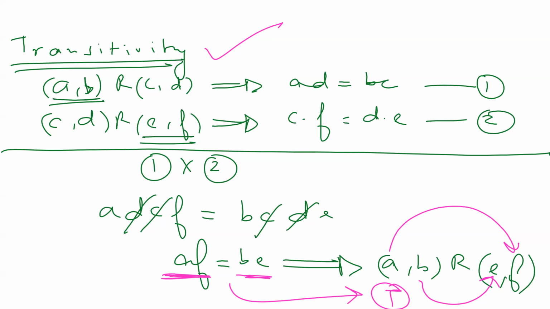Now one last example, then this topic will get over. R1 is a relation on a set of natural numbers.